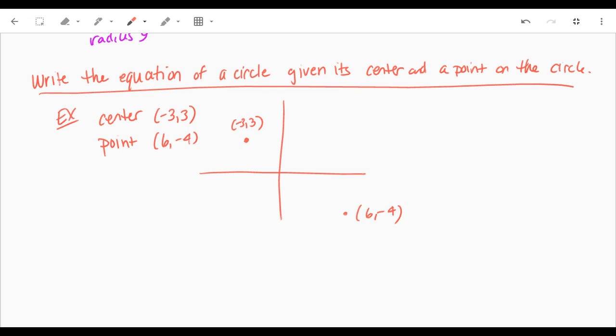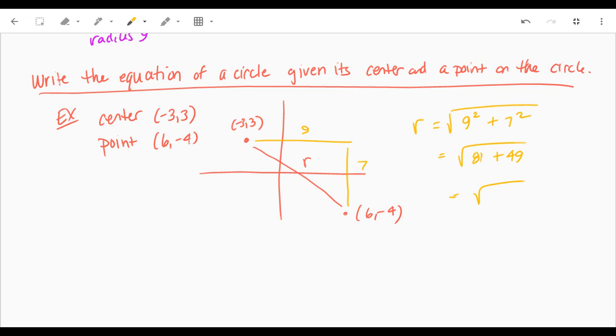What that means then is that this distance is the radius, and we're back to using your distance formula again. So -3 to 6 would be a distance of 9. 3 to -4 would be 7. So r would be the square root of 9 squared plus 7 squared, so the square root of 81 plus 49.